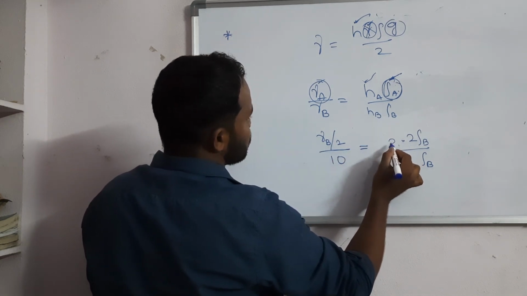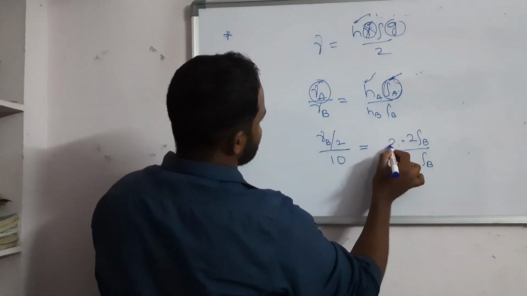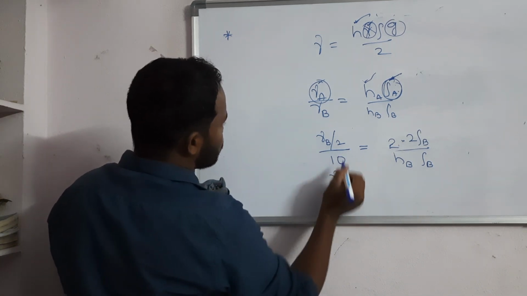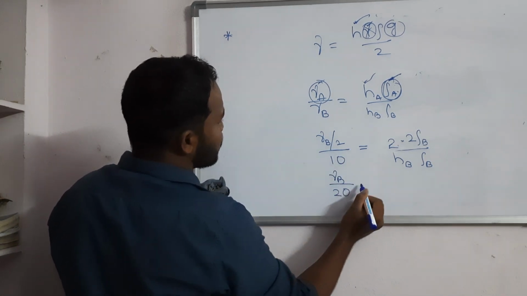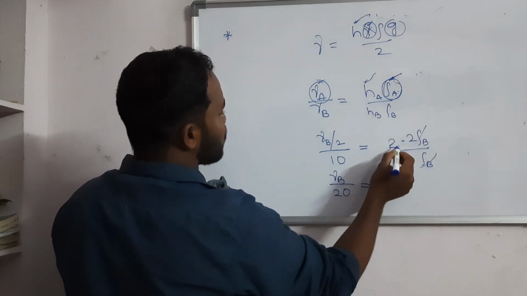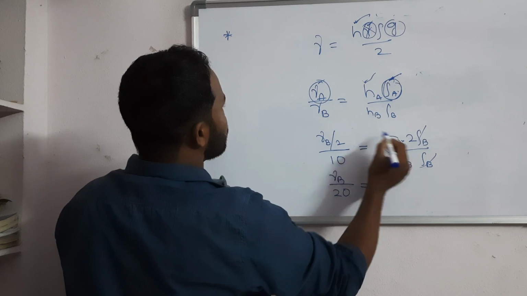So rho B by 2 into 2 is 20, equal to rho B cancelled. So the value is given here.